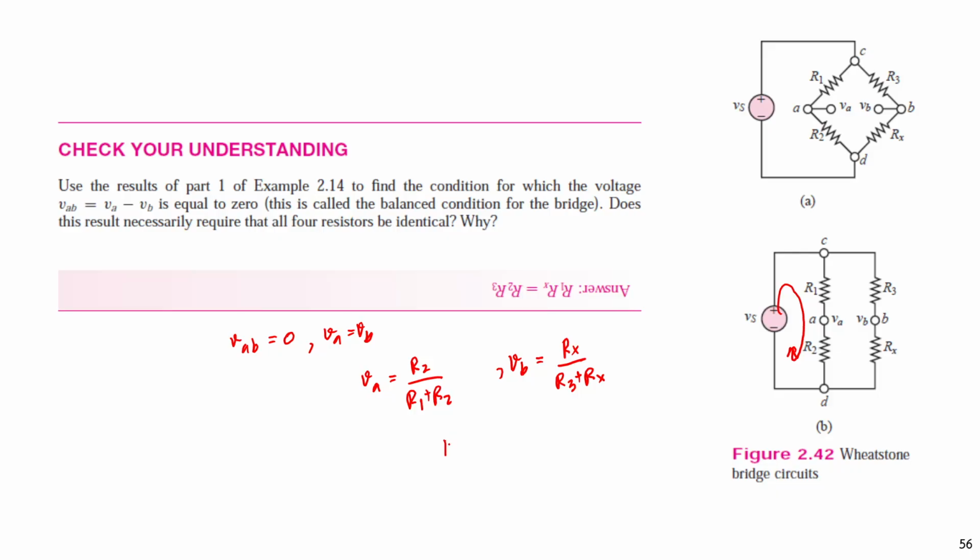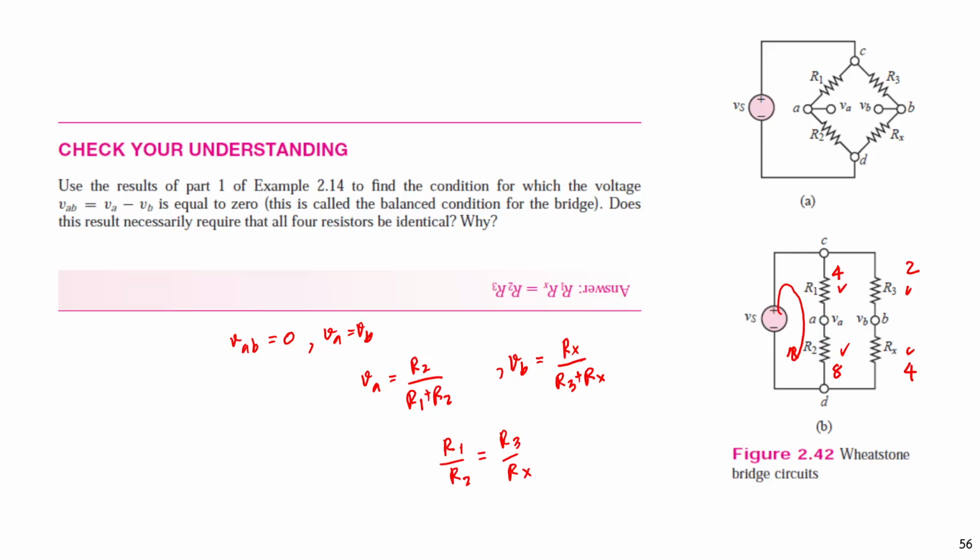Therefore, R1 and R2 will be in the same ratio as R3 and Rx. For example, if R1 is 4 and R2 is 8, and R3 is 2 and Rx is 4, this means the voltage at VA and VB will be the same.